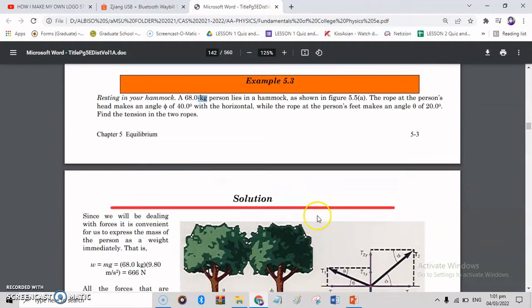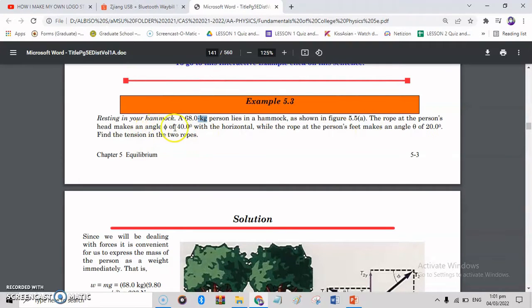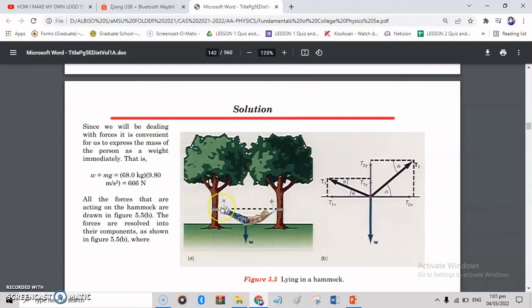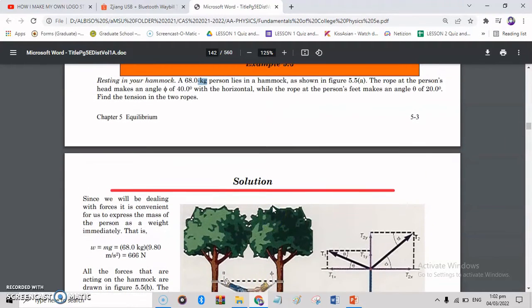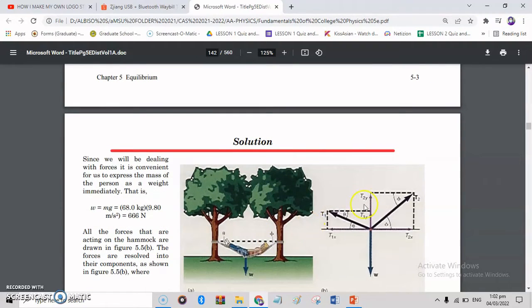The rope at the person's head makes an angle of 40 degrees with the horizontal. So, where is the horizontal? It is here. So, 40 degrees with the horizontal. When you draw it, this dot is the center of mass of the person, and this is the back that is angled. When we say 40 degrees with the horizontal, it is here. It is 40 degrees here, so they have the same angle here, and there is also the same 40 degrees there.